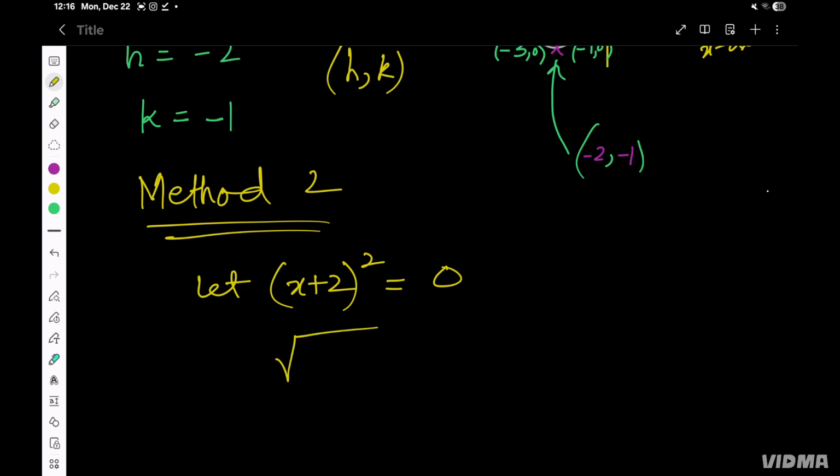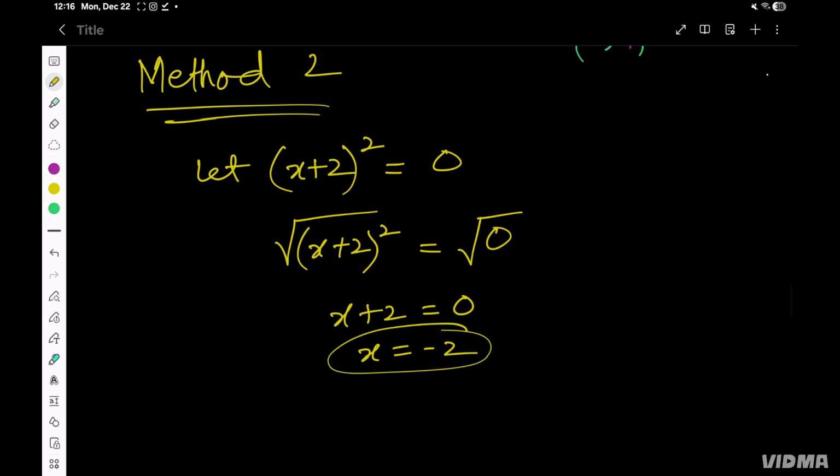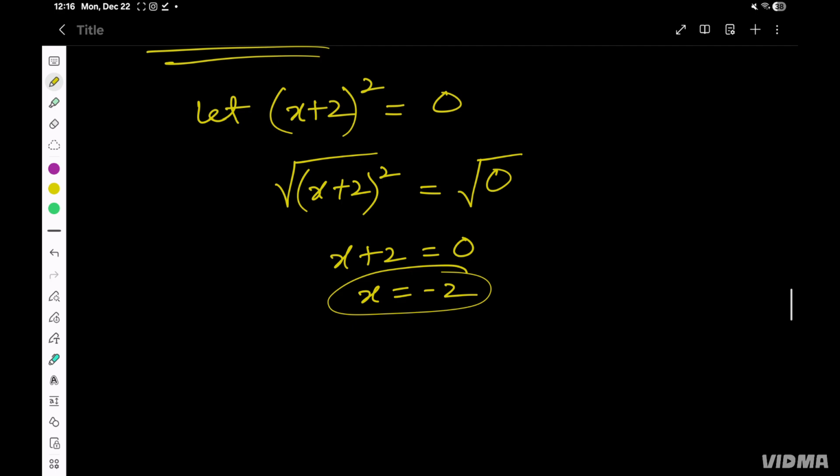So now you will take the square root. Remember, you just need to put the squared part of your equation equal to 0. That was only (x plus 2) whole square. So it would be x plus 2 is equal to 0. So x is equal to minus 2. So the x coordinate of the turning point is minus 2.